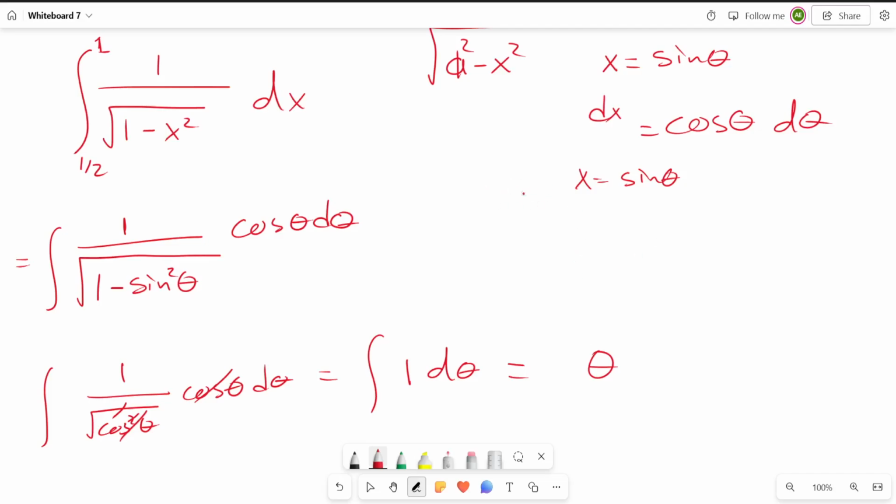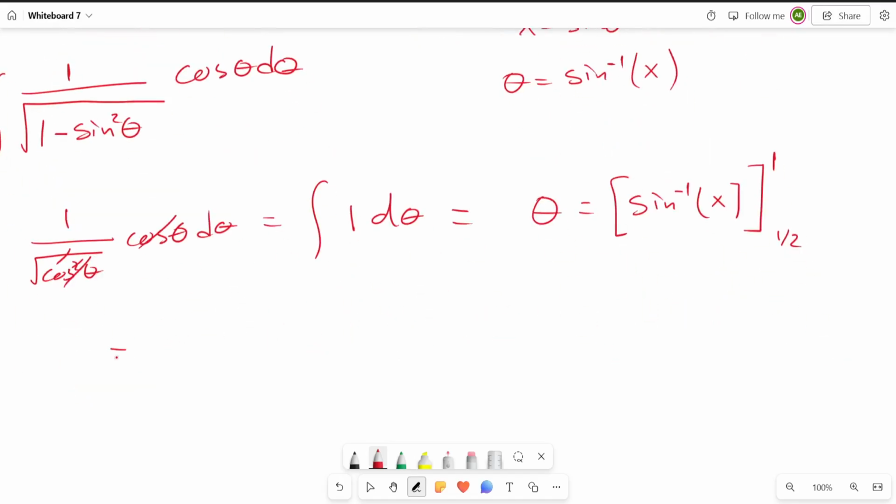So if I take arcsine of both sides, then theta equals sine power -1 or inverse sine of x. So this is equal to inverse or arcsine of x, and now I can put my bounds, which are half and 1. So simply this is going to equal sine inverse of 1 minus sine inverse of half.